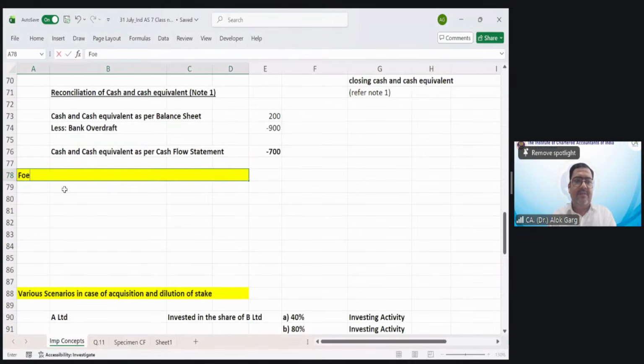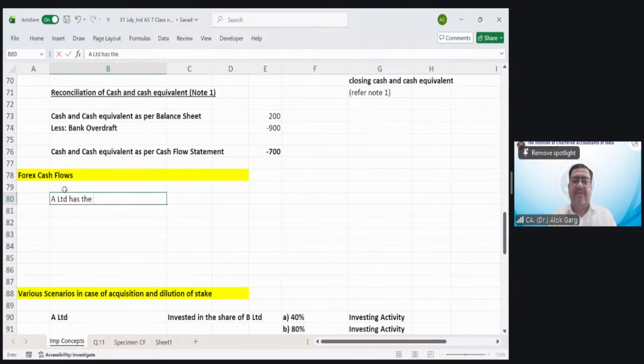So, forex cash flows. A Limited has USD 10,000 in the foreign bank account.